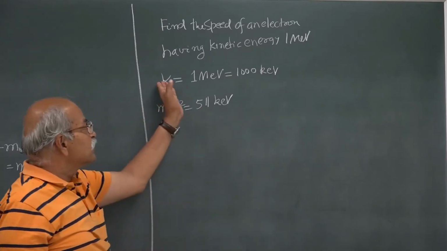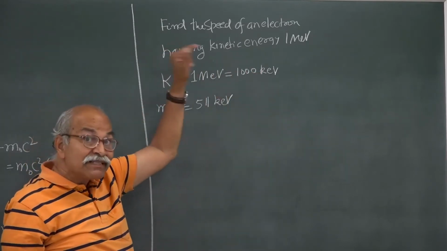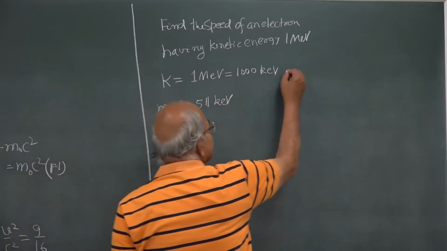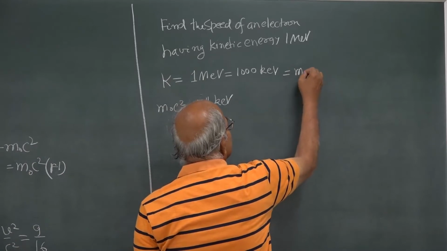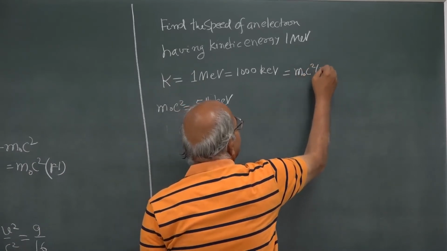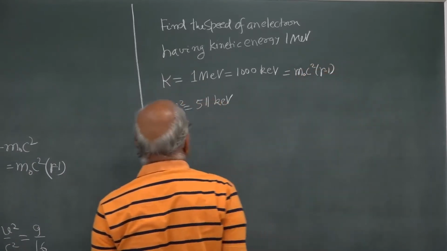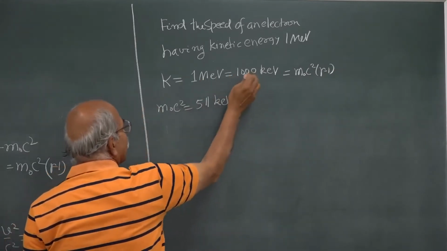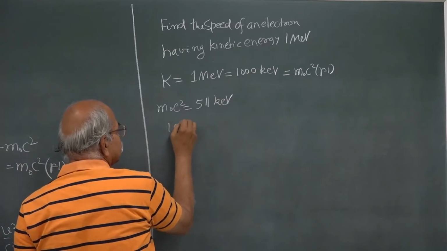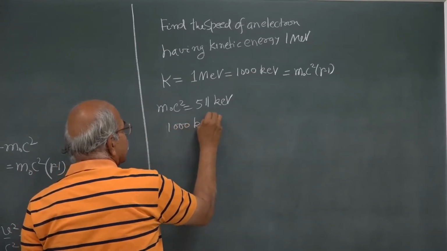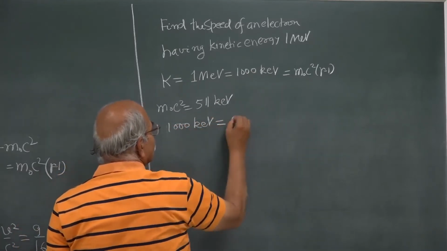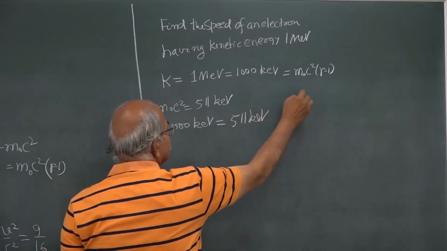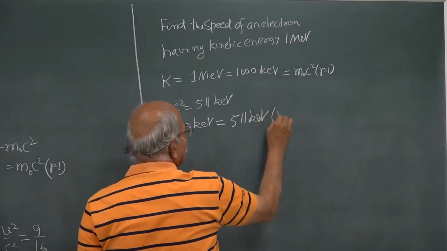So the kinetic energy, the relativistic expression must be used here, and that expression is m naught c square into gamma minus 1. So you have 1000 keV is equal to 511 keV into gamma minus 1.